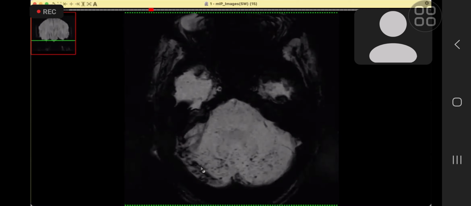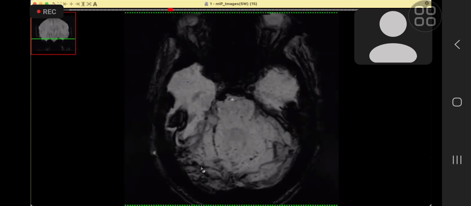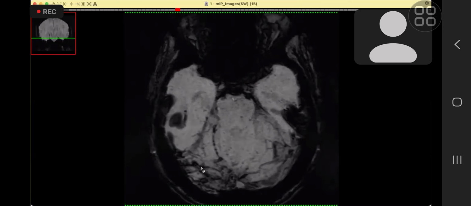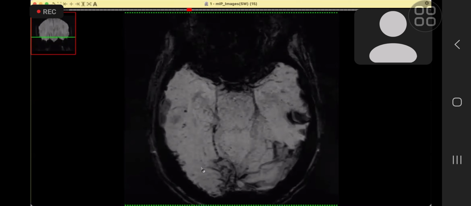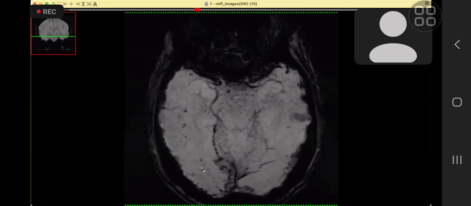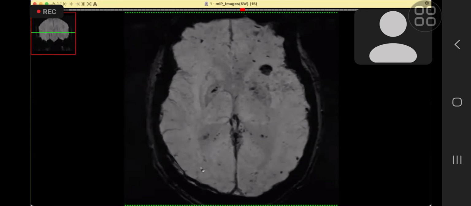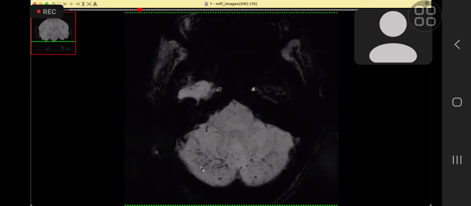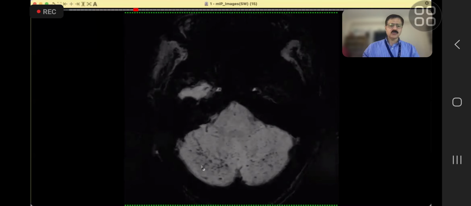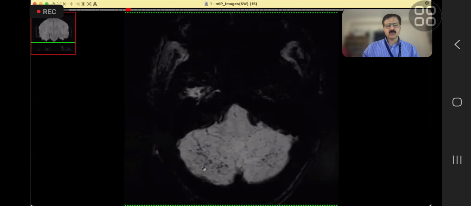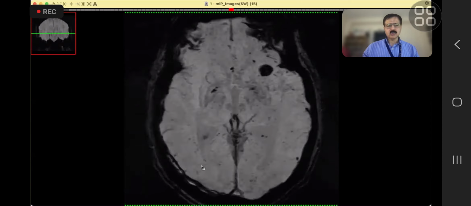Usually these areas are not particular for diffuse axonal injuries. Can I have diffusion weighted imaging as well in this matter? There was nothing there on diffusion or any other sequence to add to this. There was no finding there.